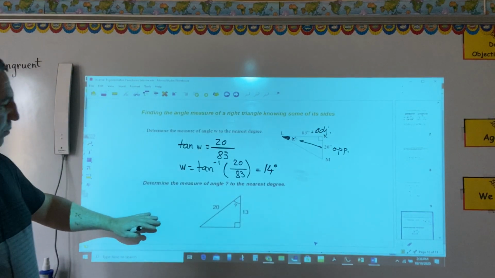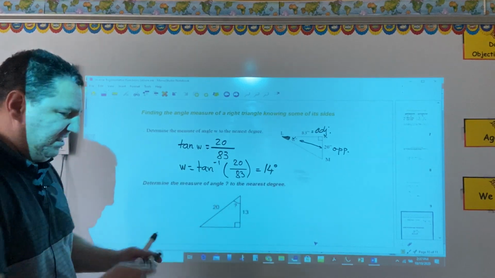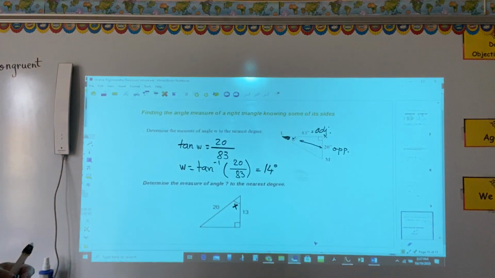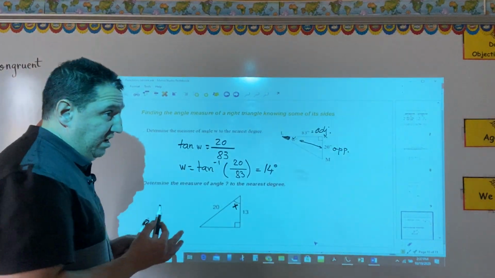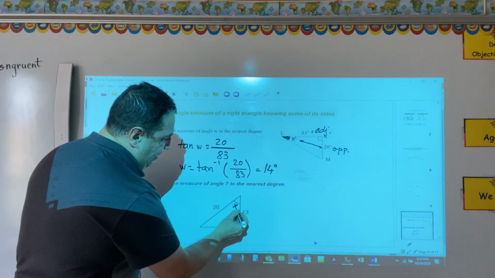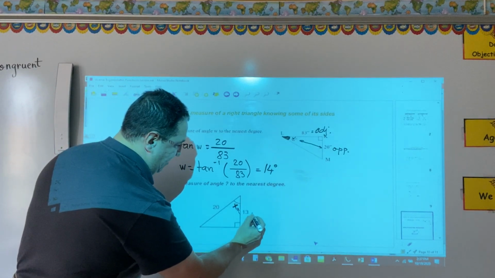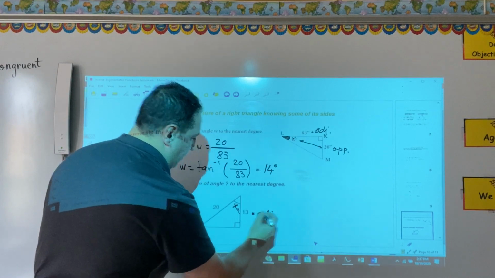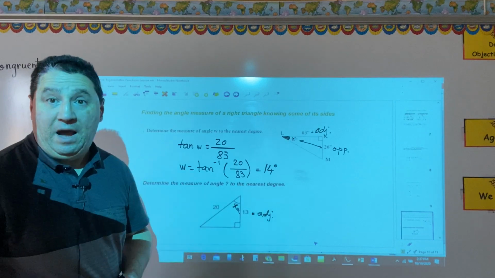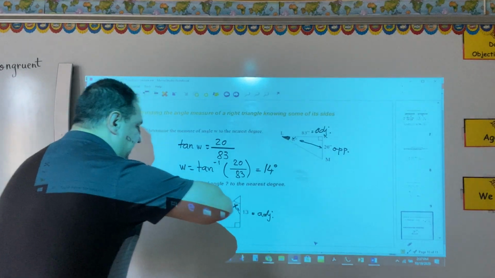Now, the last problem: determine the measure of angle x to the nearest degree. Again, we identify the trigonometric ratio. What is given? Given is the side that is adjacent to angle x. This is adjacent. And this side is hypotenuse because it's face to face or opposite the right angle.